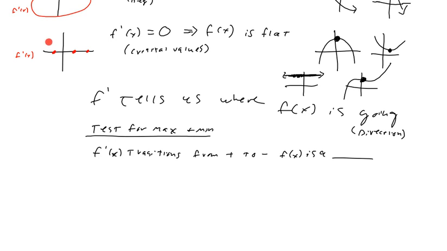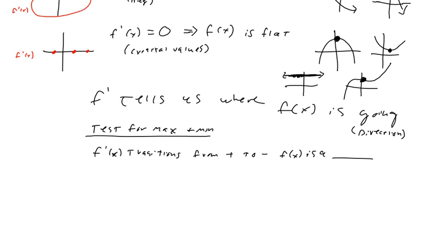So we are transitioning from a positive f prime through the 0 to a negative f prime. From positive through a 0 to a negative. So is that a maximum or is that a minimum? Maximum, yes, right? Do that with your hands.